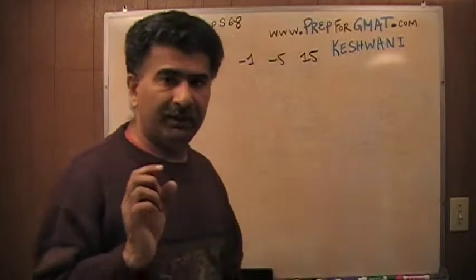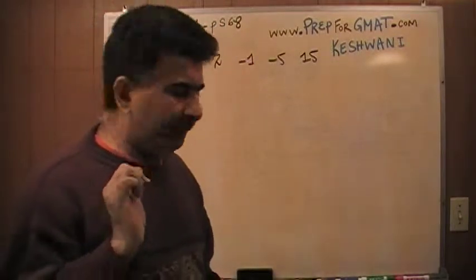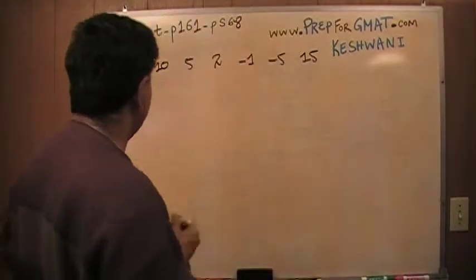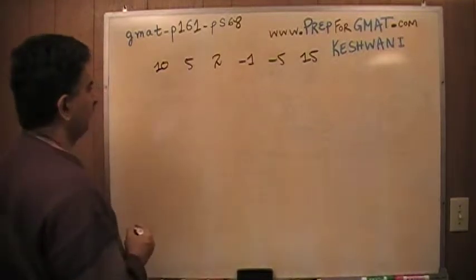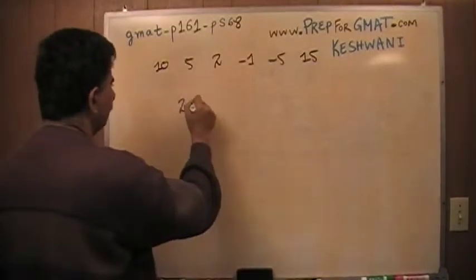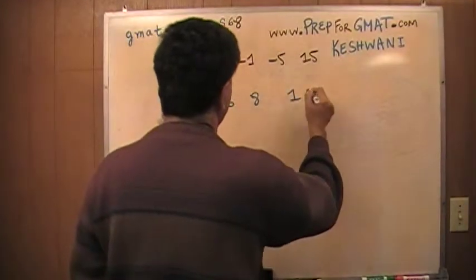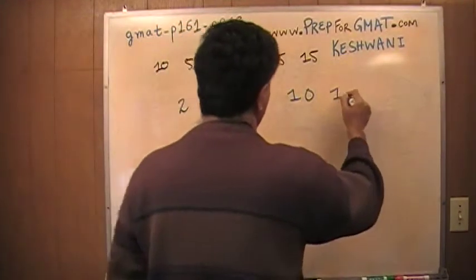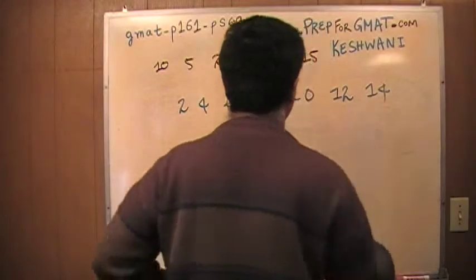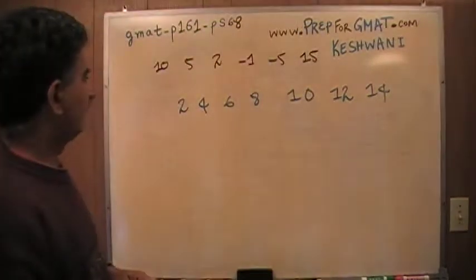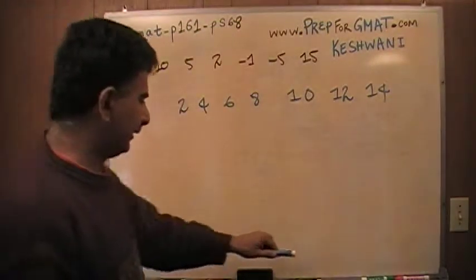A simple example, and then I'll give you an example which is a little bit more complicated. Say for example, 2, 4, 6, 8, 10, 12, and 14. What's the median here?